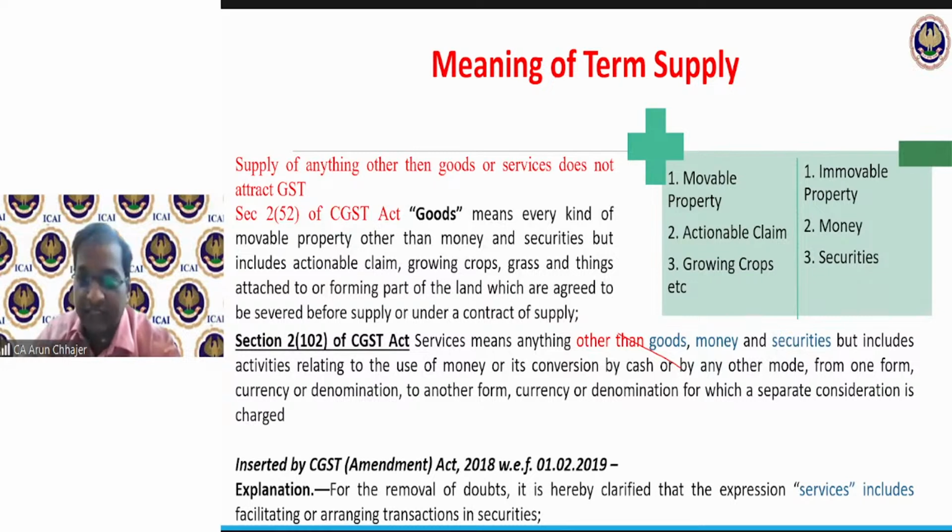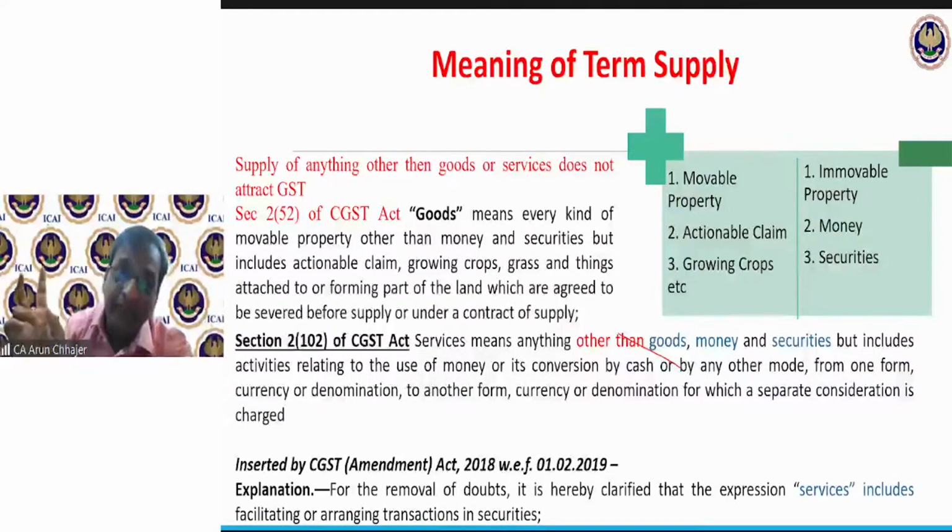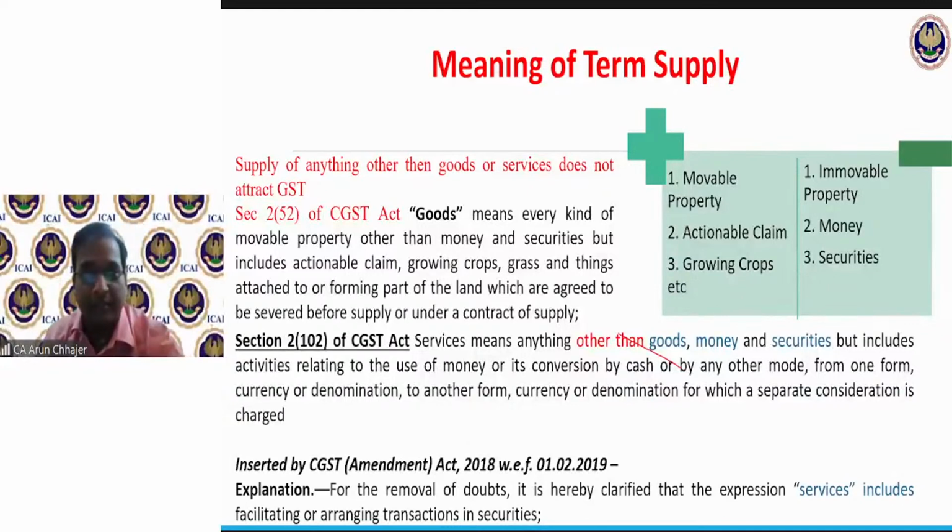Does letting out of residential or commercial property, or a self-occupied house, come in the supply definition? Point number 1, it should be in the course or furtherance of my business. Okay. Point number 2, whether it is an exempt supply or taxable supply. For example, Krishna Tiwadi, I am giving you one example.